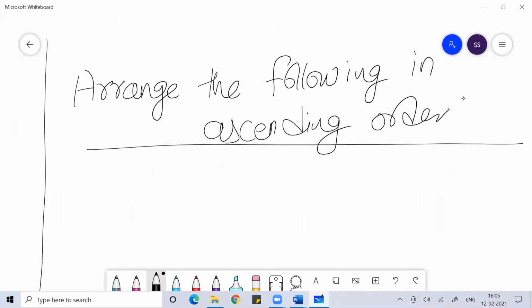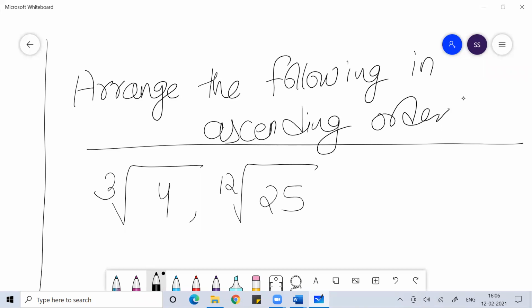So your data are cube root of 4, then 12th root of 25, and then 4th root of 5, and then 6th root of 2. Do this.